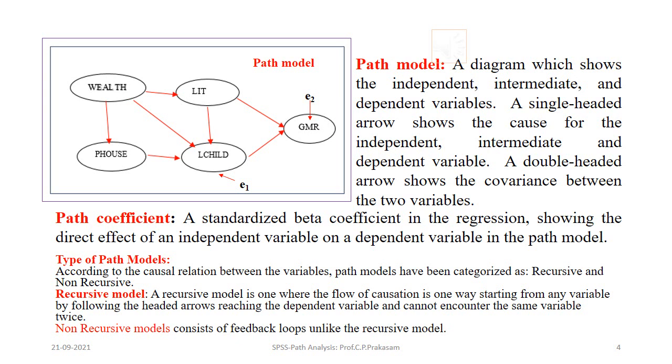That means it does not have a double-headed arrow. A single-headed arrow starts from one variable and reaches another variable until the dependent variable is established. Non-recursive models consist of a feedback loop, unlike the recursive model.